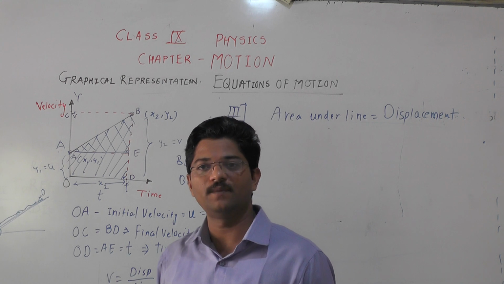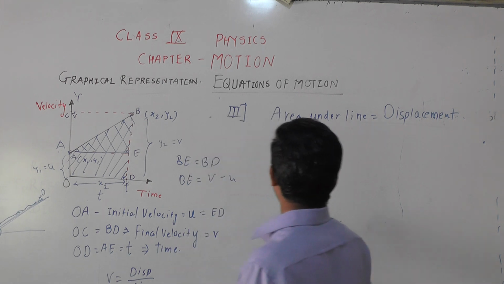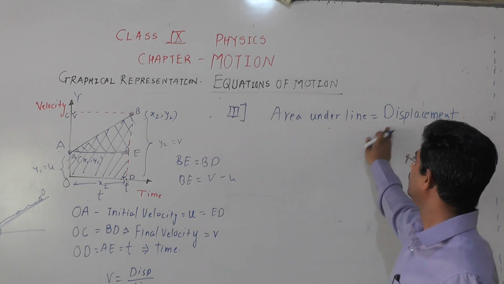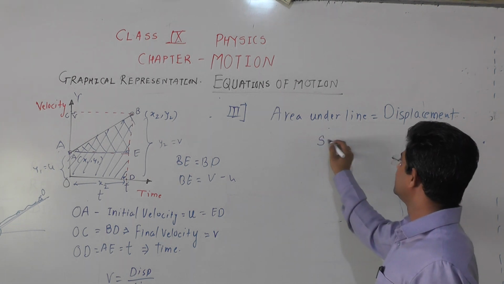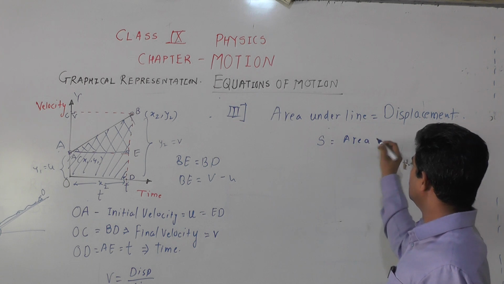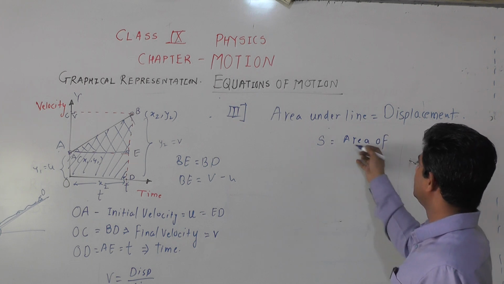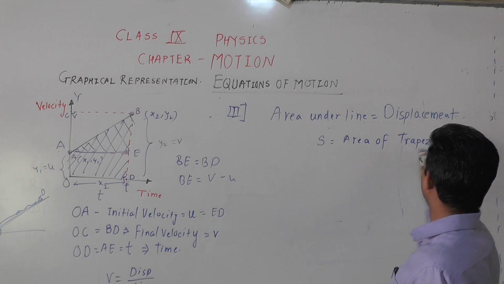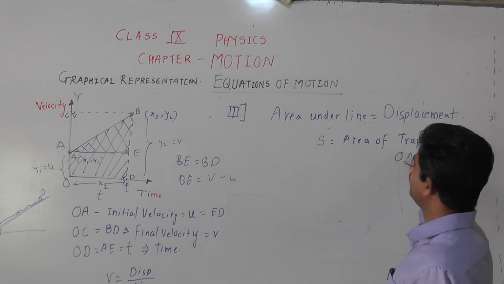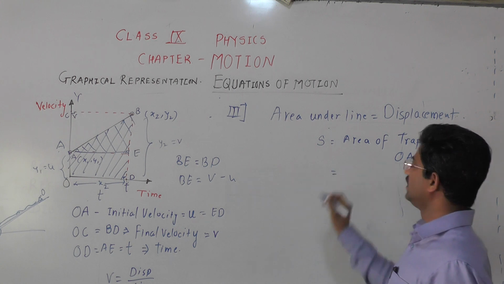And what is the area of a trapezium? We already know that the area under the line is the displacement, so here we are going to consider the area of trapezium OABD.